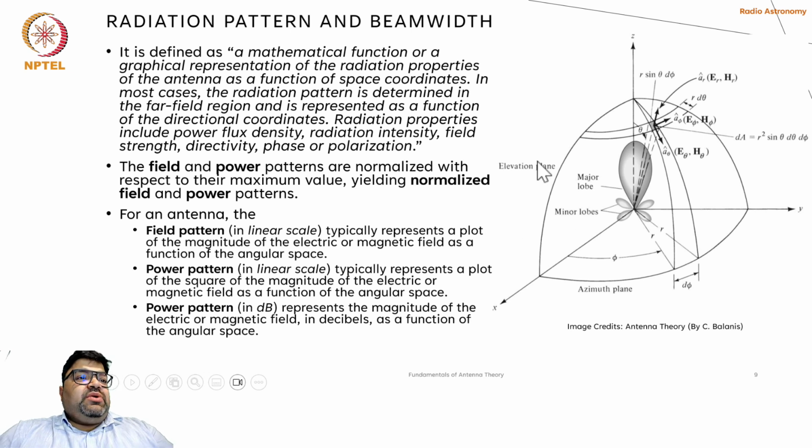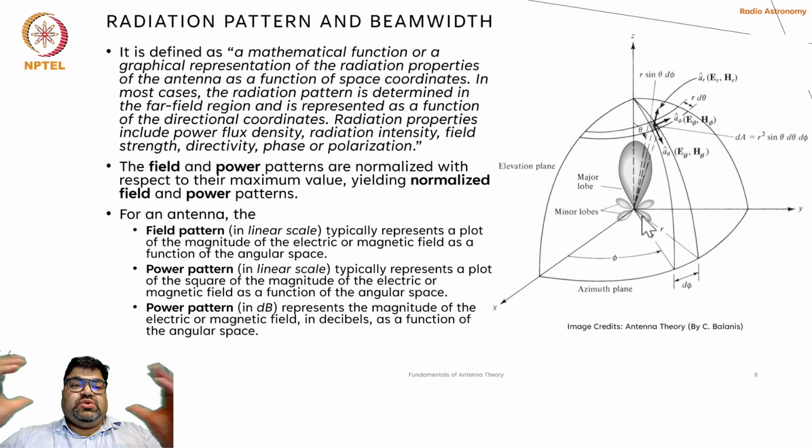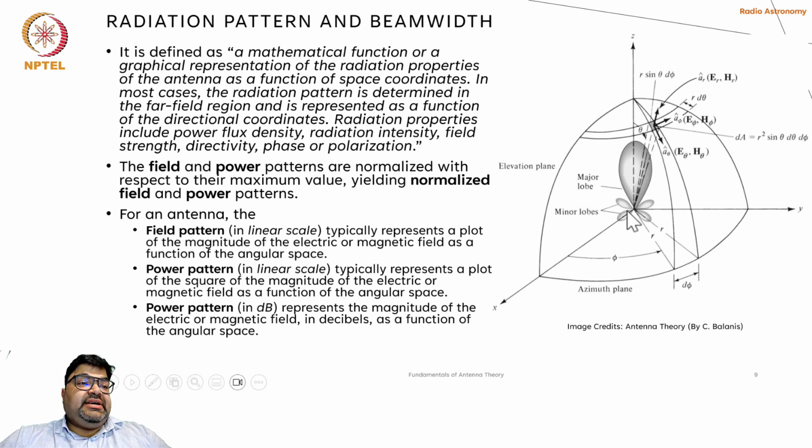By this time you have already seen the radiation pattern. We have discussed the ideal radiation pattern in free space from a Hertz dipole. It looks like a donut, but as I said, that's not how the real things look like. And so there we have major lobe, primary lobe, and minor lobes or side lobes.